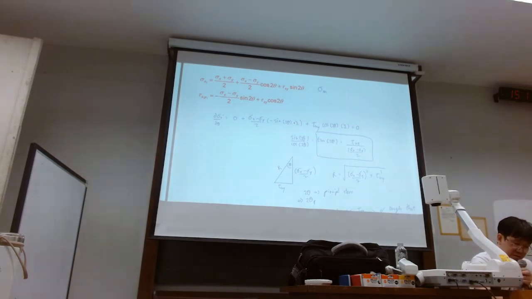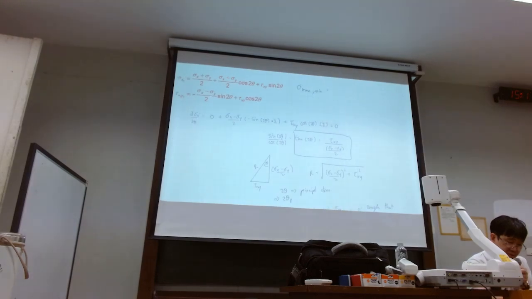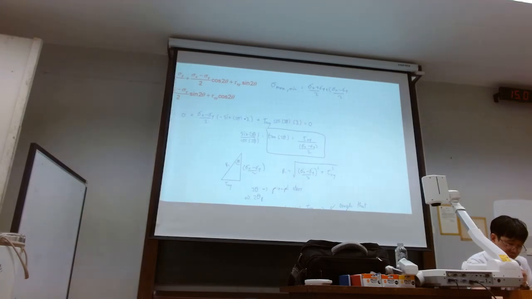So again, sigma max or min should be having this substitution: sigma x minus sigma y over 2, and cosine of the 2 theta is going to be sigma x minus sigma y over 2 over r, right? Cosine. And then you have a plus tau xy, and then sine would be tau xy over r.